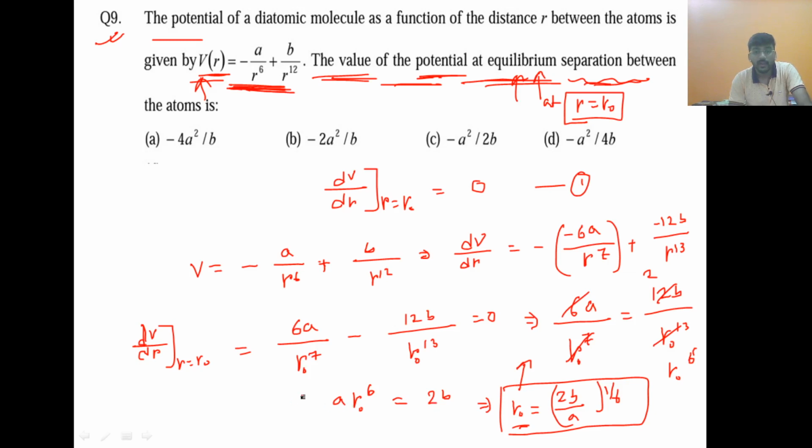So r0 to the power 6 is equal to 2b by a. So r0 to the power 12, that means its square, will be 2b by a the whole square, that is 4b square divided by a square.